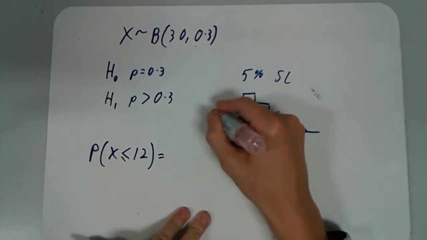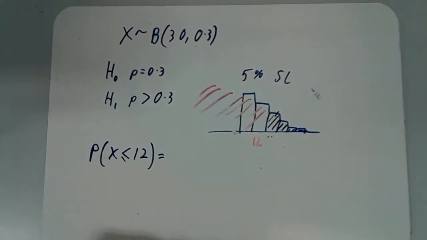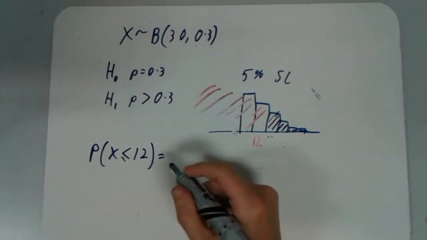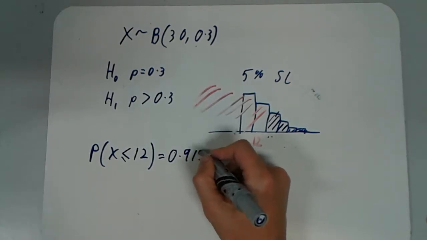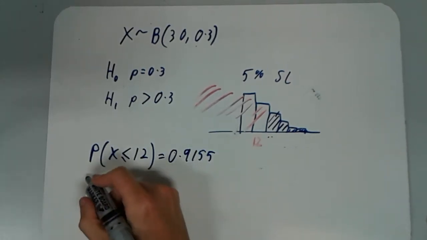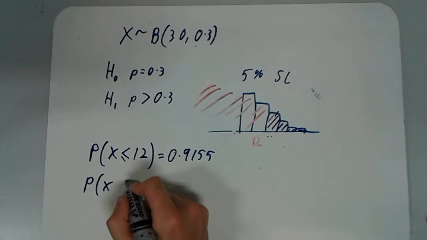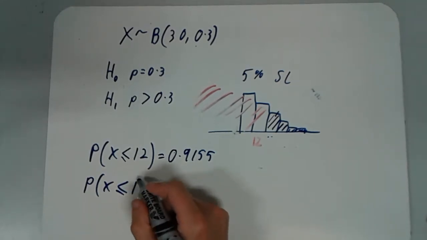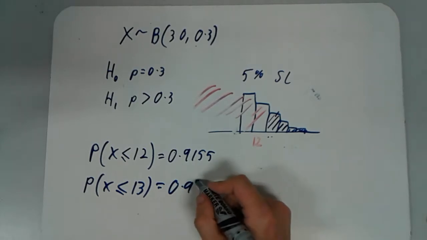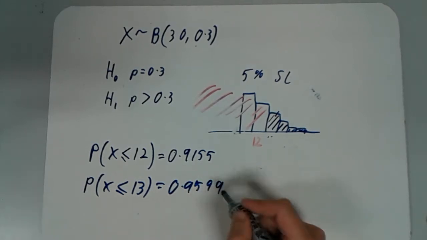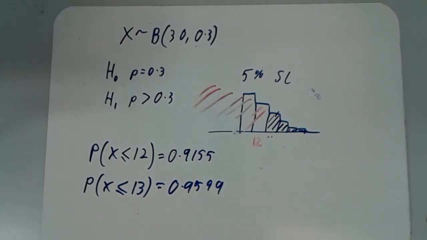So our first number is going to give us this area here. If I put 12 in, that's going to give me 0.9155. And then if I input 13, I get 0.9599. Okay, so what has that told me?